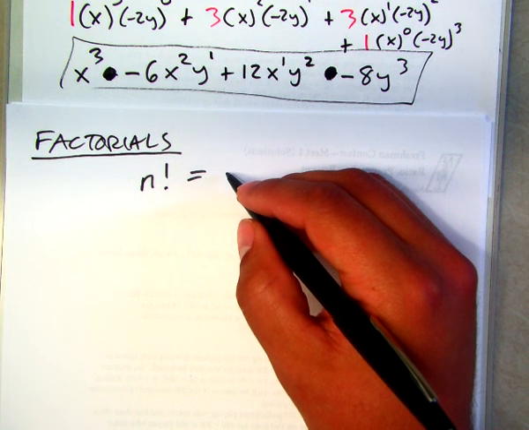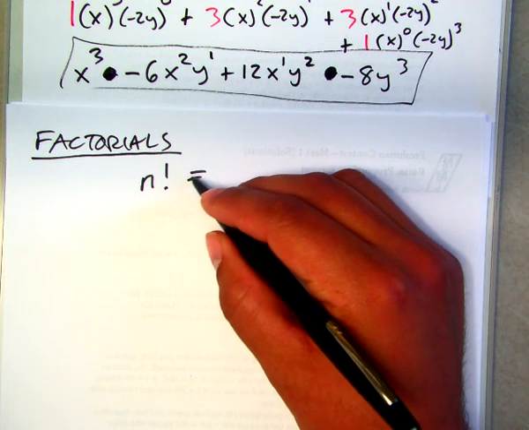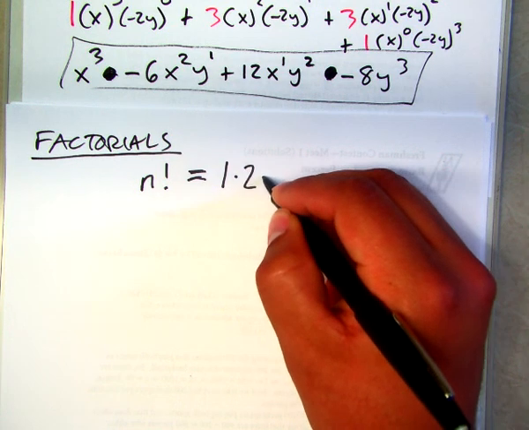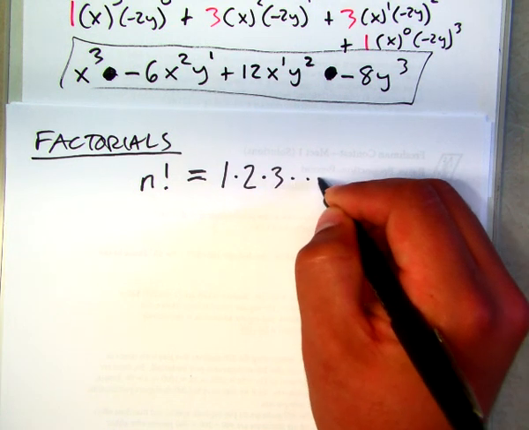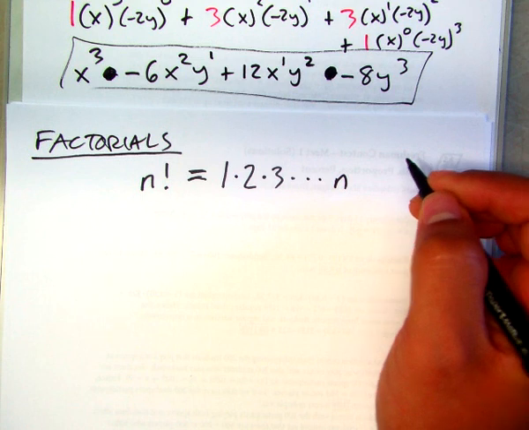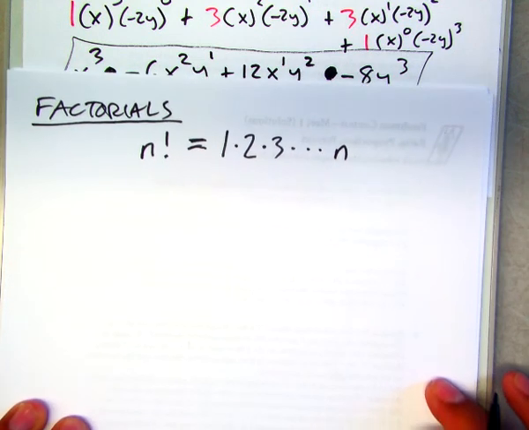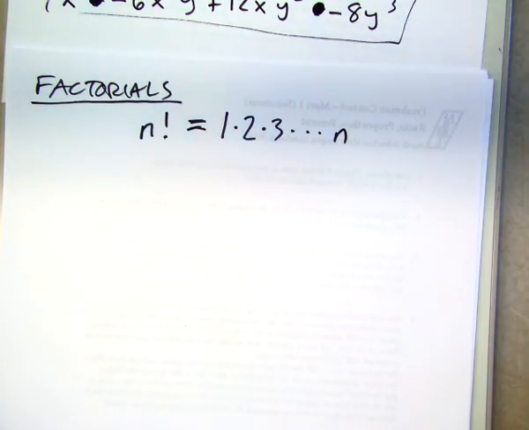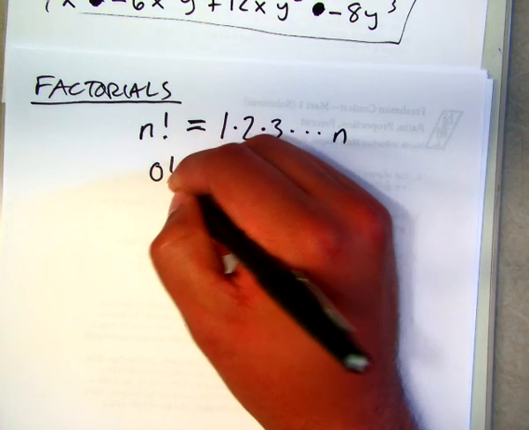So let's write it this way. What is for sure going to be in the multiplication? 1 times 2 times 3 all the way up to whatever n is. Okay? And we also had the definition that 0 factorial was 1.